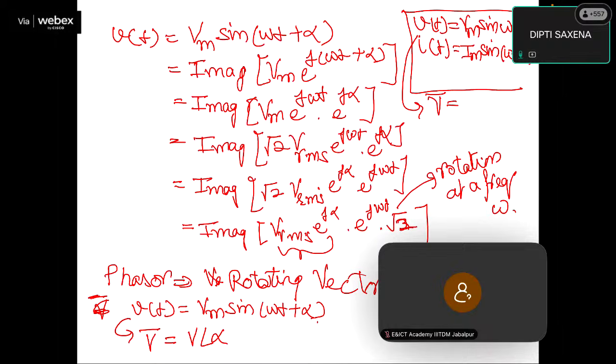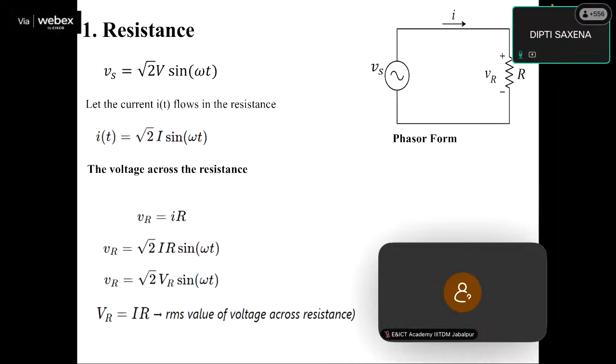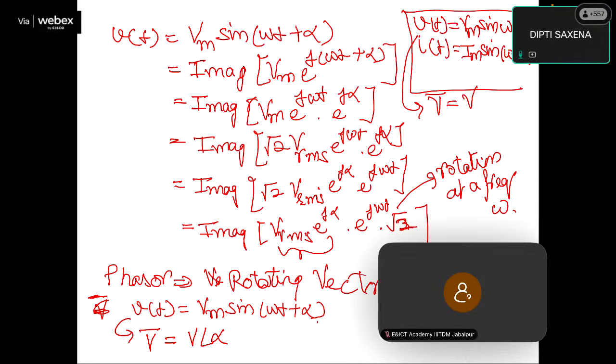Its magnitude will be equal to the RMS value, so V is the RMS value and the angle is 0. And what about the phasor I? Phasor I can be written as the RMS value I and an angle alpha. Now this I and this V are the RMS values of the voltage and current respectively.